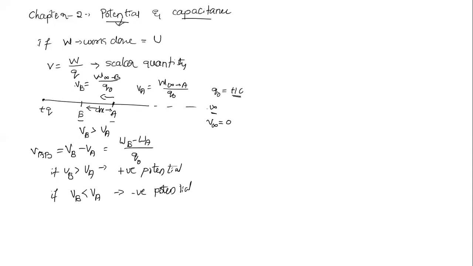Okay, so sir, if this charge is negative, then we get negative potential. If the charge is positive, we get what now? Positive potential. Means the thing is positive charge will give us positive potential, negative charge will give us negative potential, and it is not related to direction. So it is what type of quantity? A scalar quantity.